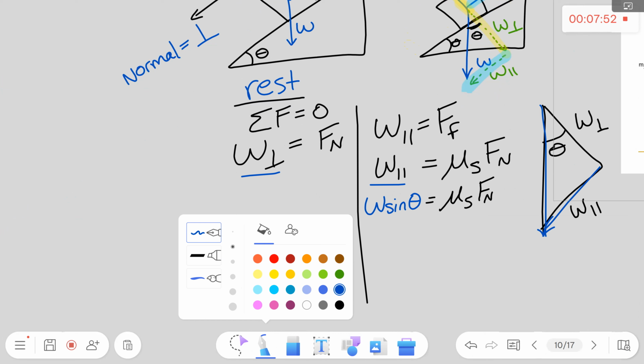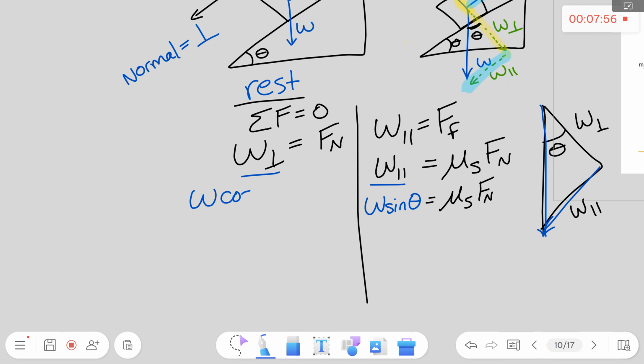The other one would be cosine. So this could be weight cosine theta equals force normal. We could expand those if we need them, right? Sometimes you don't. Usually you have to under one situation, and that is if you're trying to find coefficient of friction.